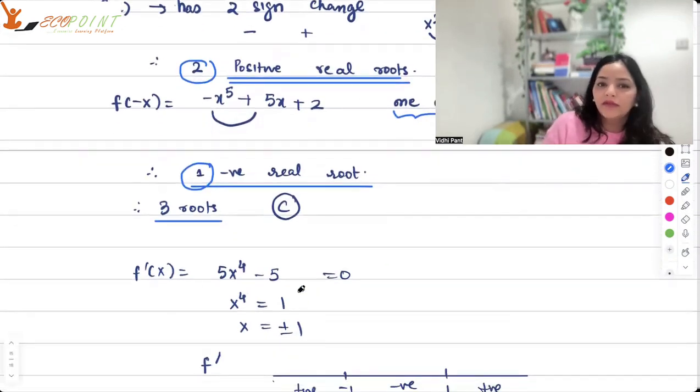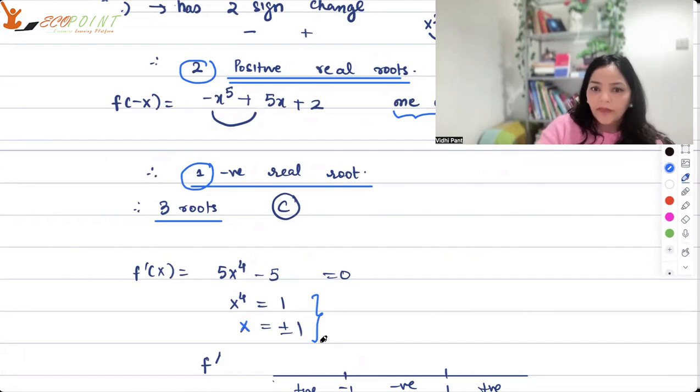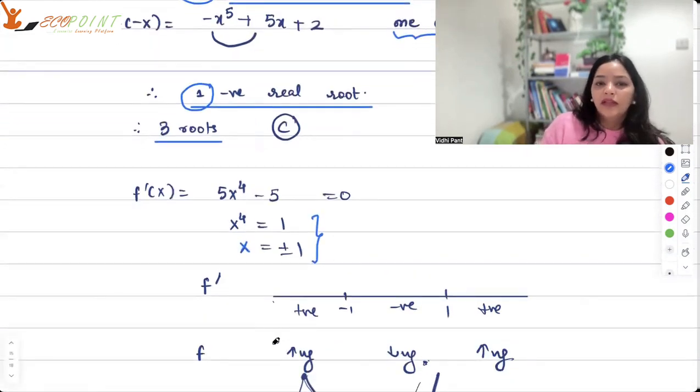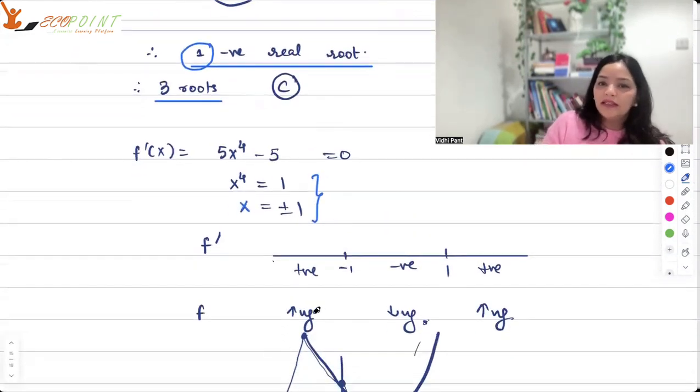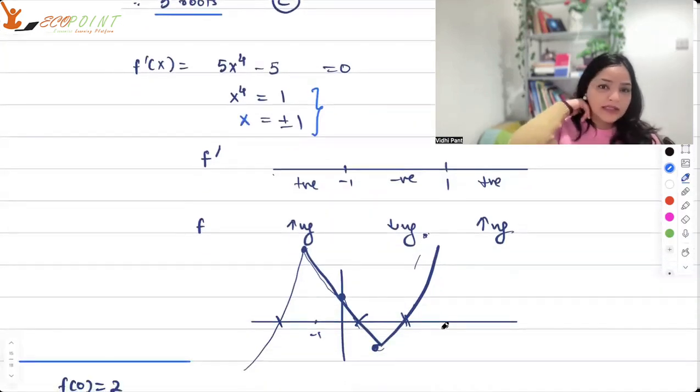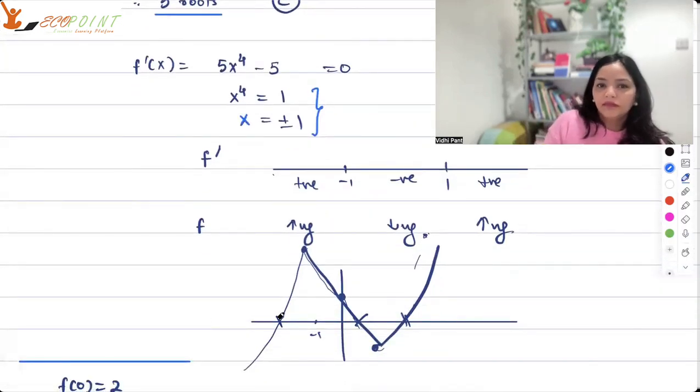By taking the derivative, you will figure out that 5x to the power 4 minus 5 equals 0. That means your stationary points turn out to be plus minus 1. Then you can figure out that your function is increasing, then decreasing, and then again increasing. From minus infinity to minus 1, it's increasing.